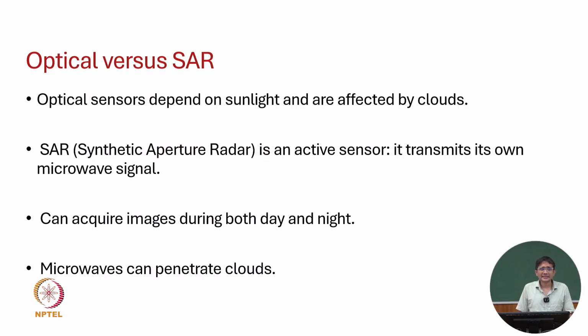It transmits its own microwave signal and can acquire images both during the day and night time. And as we have already mentioned, microwaves can penetrate clouds, hence making it useful in special seasons like monsoon, when optical images become quite unusable due to such constraints.